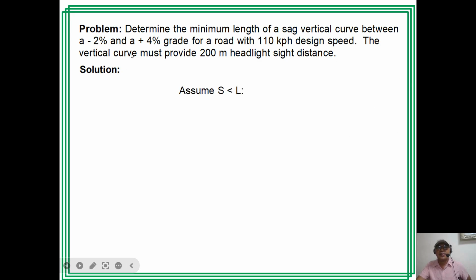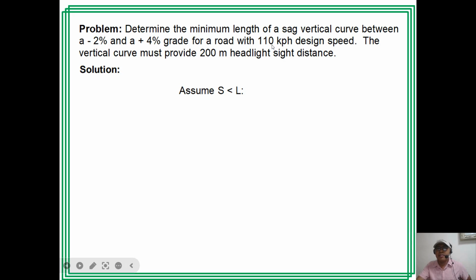Okay. So we assume that S is less than L. This is a sag vertical curve. Assuming that S is less than L, what are the given? G1 is negative 2, G2 is 4. So our A is the difference. Then we have 110.